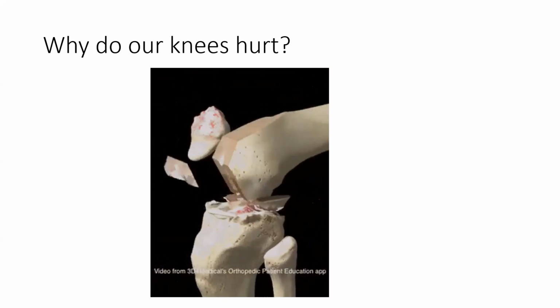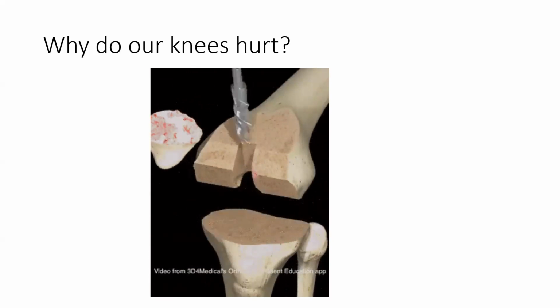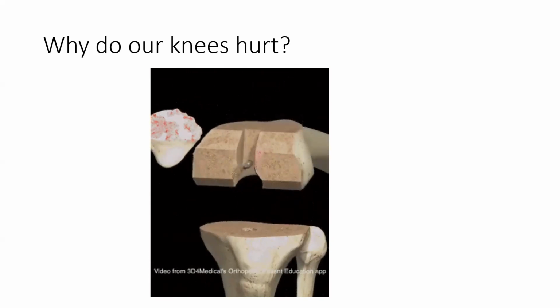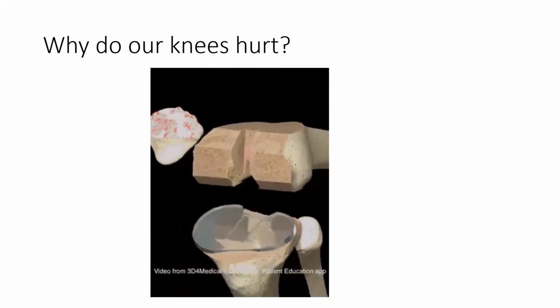We put a new covering over the end of the femur, that metal plate that goes over there. We put a new condylar surface on the tibia, essentially on the femur too. There goes the condylar surface.